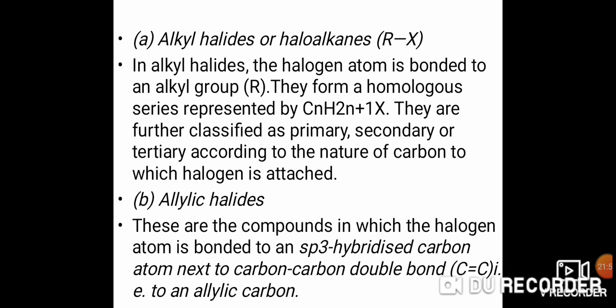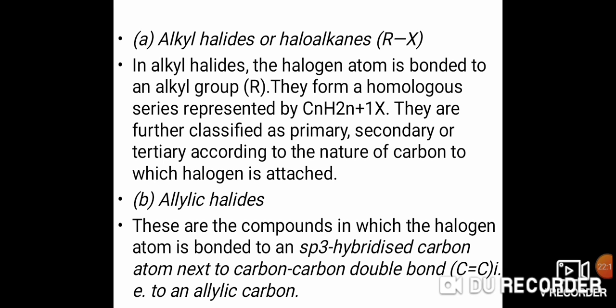In alkyl halides, the halogen is bonded to an alkyl group. They form a homologous series CnH2n+1X. First one is allylic halides.